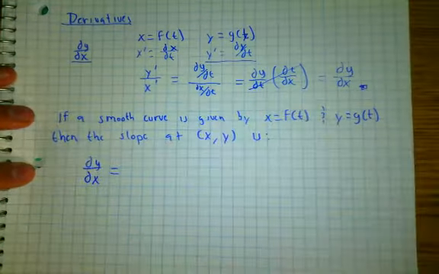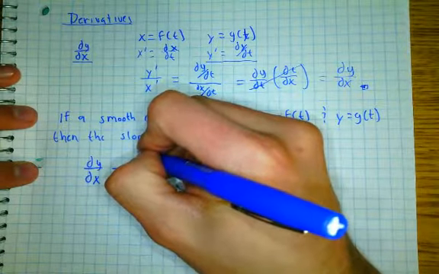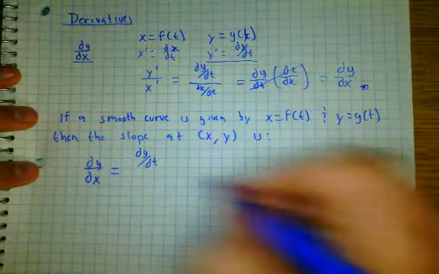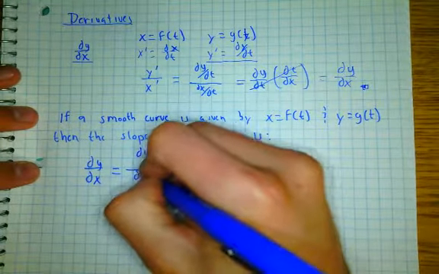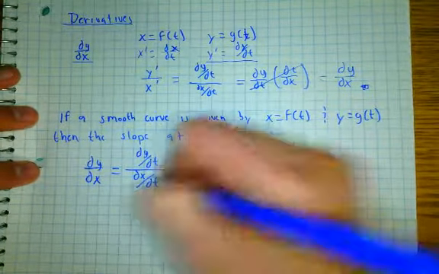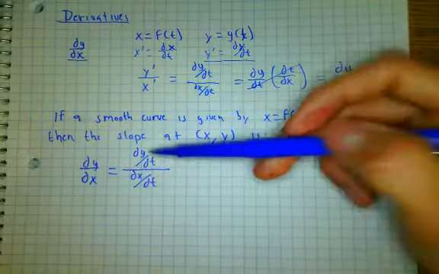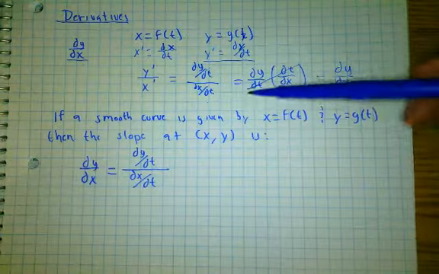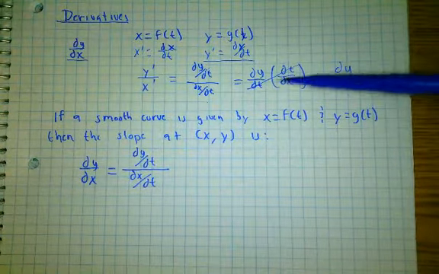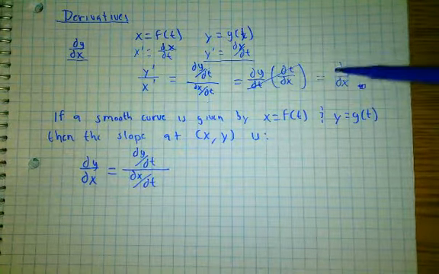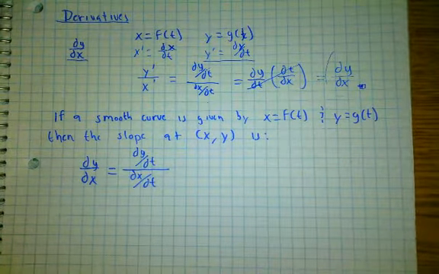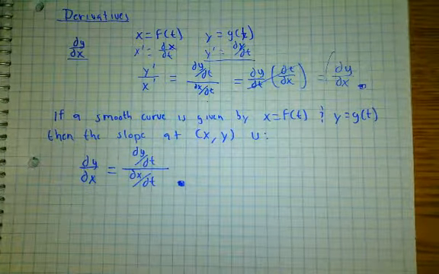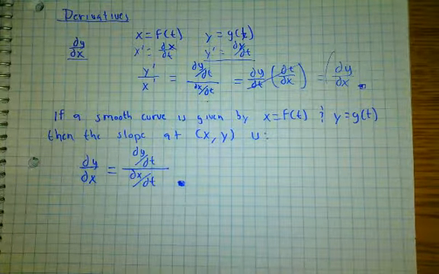So the derivative or the slope is equal to the derivative of the y function in terms of t divided by the derivative of the x function in terms of t. Once again, just a little refresher, if you divide them by each other, they end up canceling out that parameter, the dt, leaving you with dy over dx, which is what we wanted. Okay? Awesome. So as you can see, it's not that terrible to find derivatives in parametric mode.